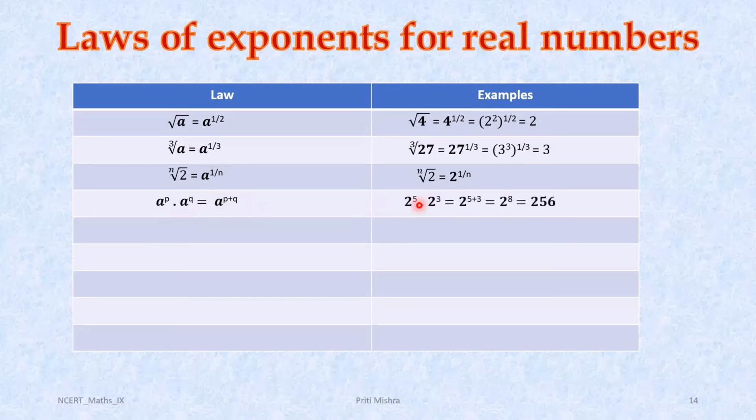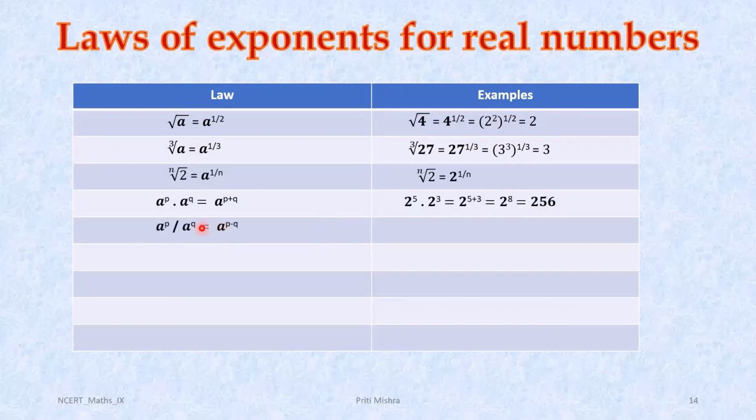Let's have an example: 2 to the power 5 into 2 to the power 3. We can write it as 2 to the power 5 plus 3, as we have the same base 2 here. So powers will get added, and it will give us 2 to the power 8. After solving it, we get the number 256.